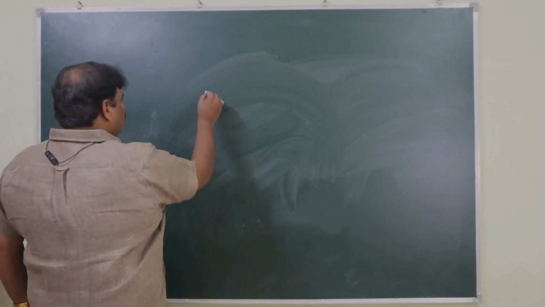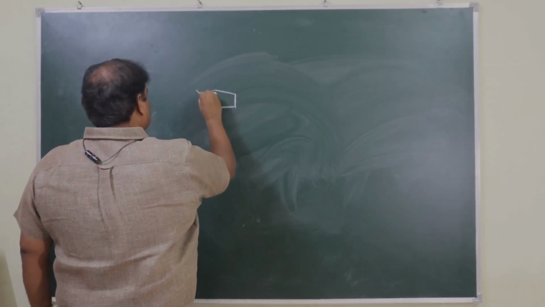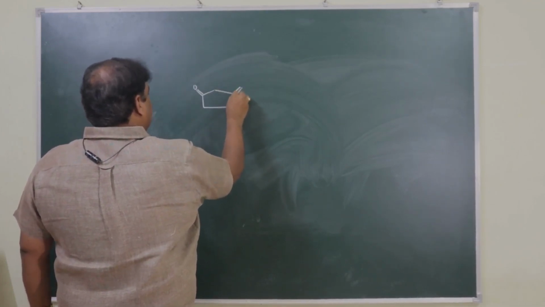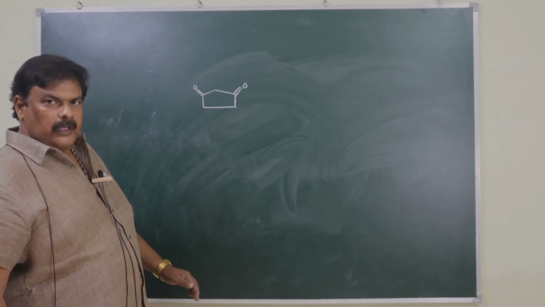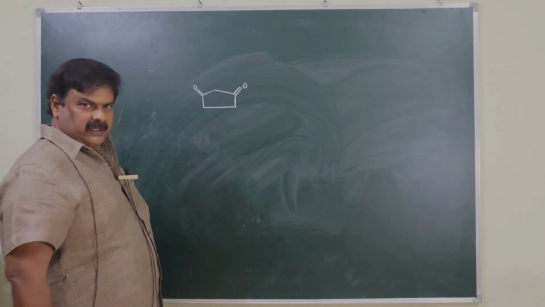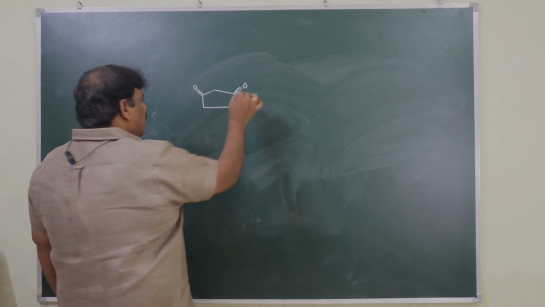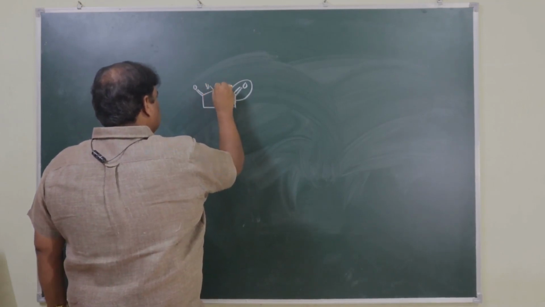For example, this is 1,3-cyclopentanedione. It has tautomers because it has a polar group as well as alpha hydrogens.